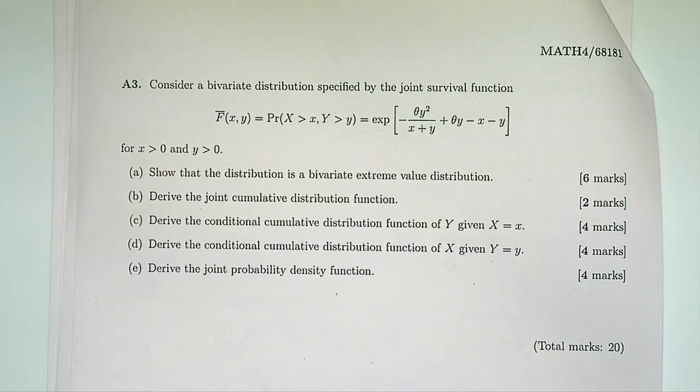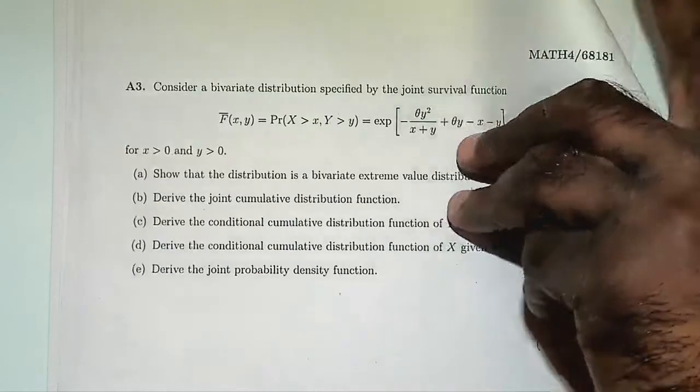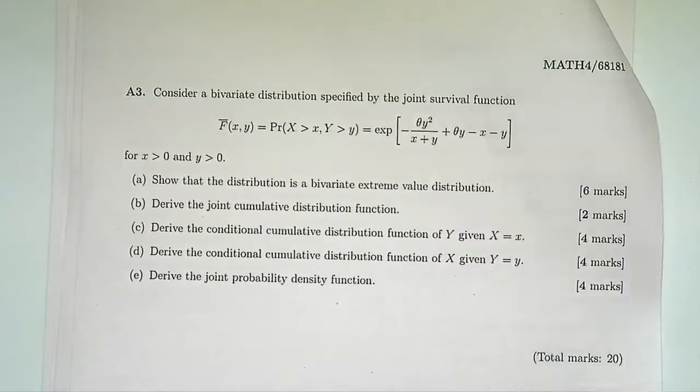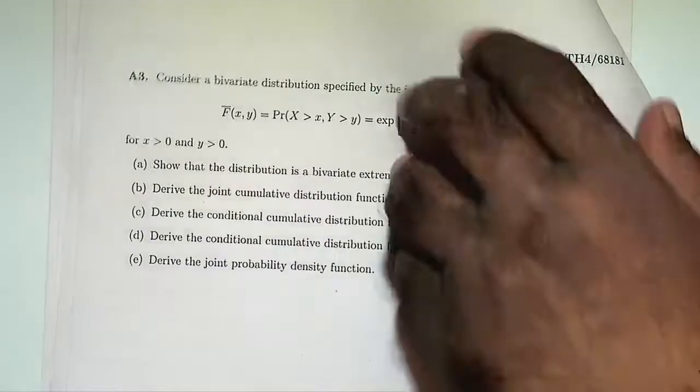Then you'll also be asked to determine the joint CDF, the joint PDF, and the conditional CDFs, right? I mean, every exam paper has a question like this, so you can check. So that's section A. Section A, as I said, has 3 questions: A1, A2, A3.